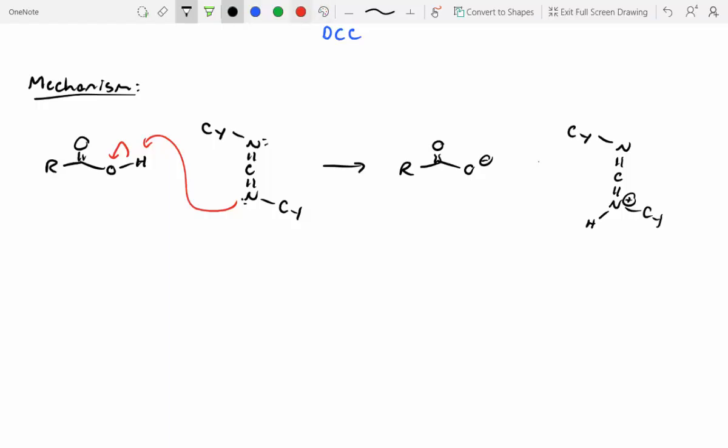That means that this carbon right here is a really good electrophile because it's adjacent to the nitrogen with a positive charge. So this oxygen will actually attack this carbon and kick up electrons onto that nitrogen.